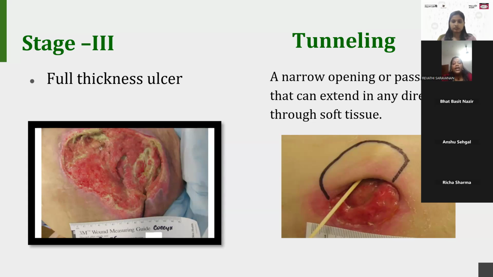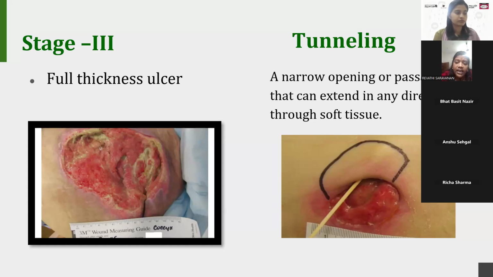Then stage 3 can lead to tunneling. That is a narrow opening or passageway that can extend in any direction through soft tissues. It happens like a tunnel, creating a hole through the skin. Blood vessels, subcutaneous tissues, and soft tissues are worst affected along the tunnel.